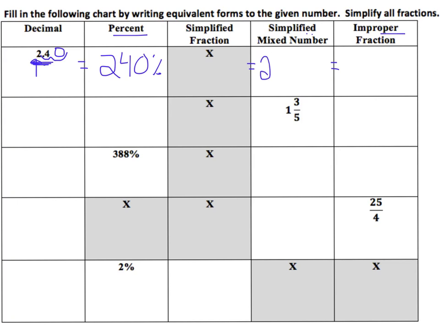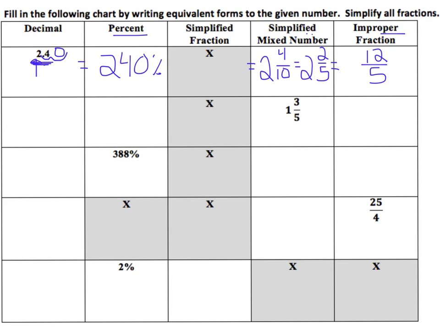So it's going to be 2 and, well, let's see, 0.4 is 4/10. Always simplify that, though, so 2 and 2/5. And now to change that to an improper fraction, 2 times 5 is 10, plus 2, 12/5. So 2.4, 240%, 2 and 4/10, 2 and 2/5, and 12/5 are all the representations of that one number.